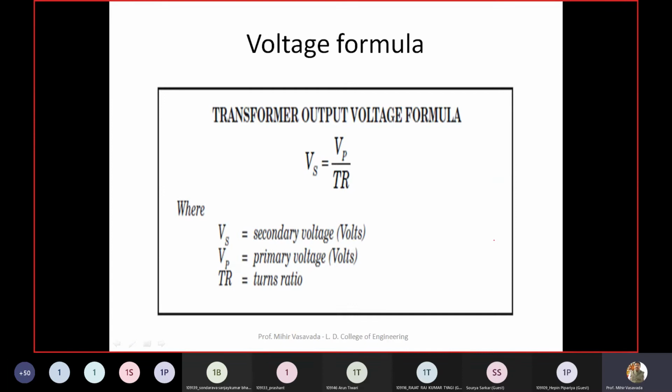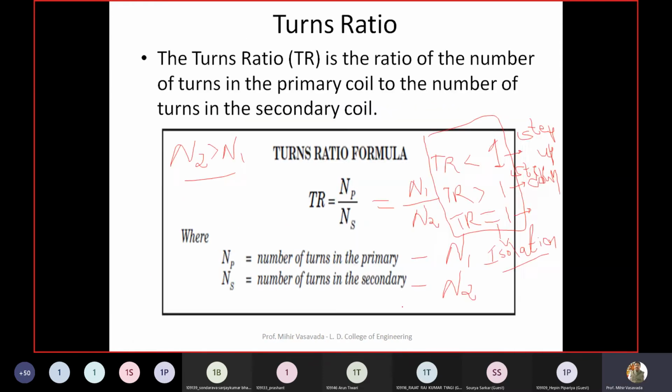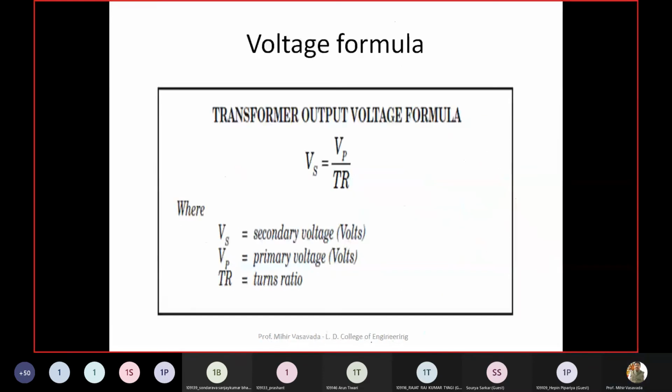Transformer output voltage formula. Vs is the secondary voltage. Likewise, you can tell this as V2 and this is V1 also.